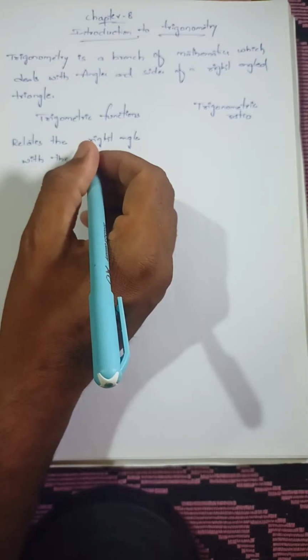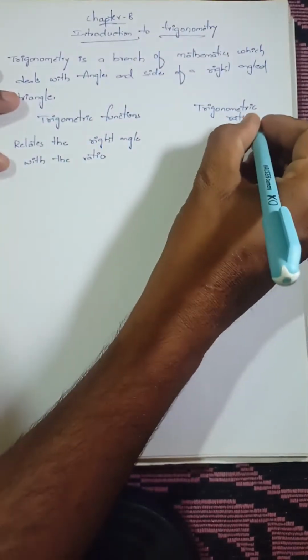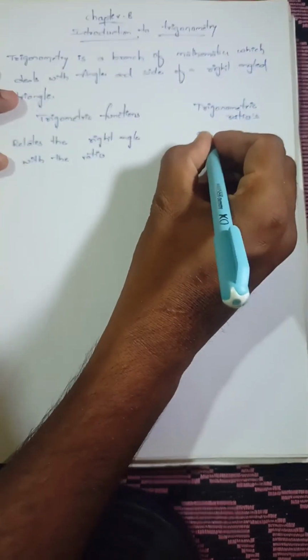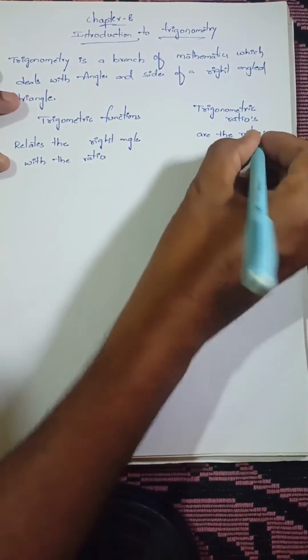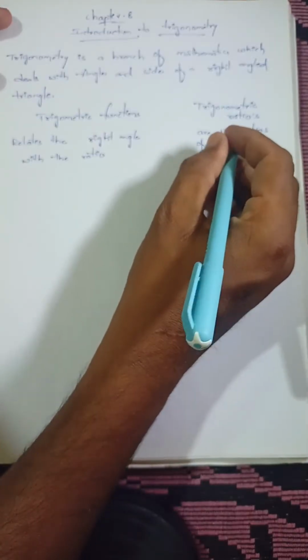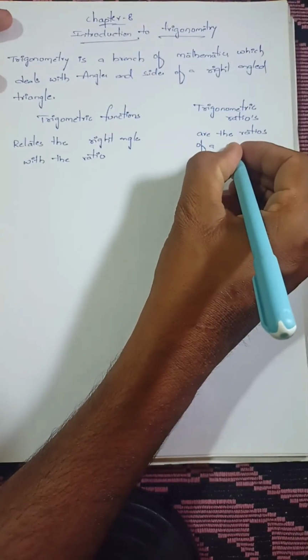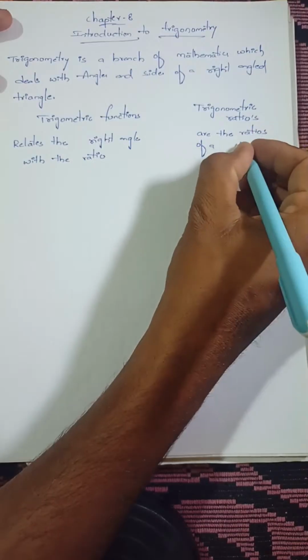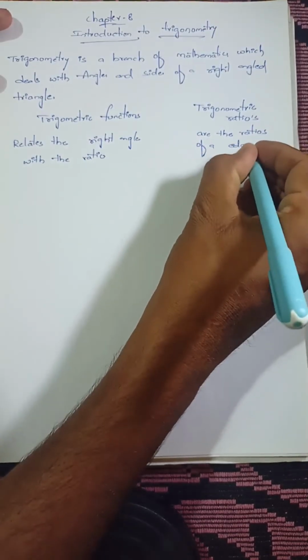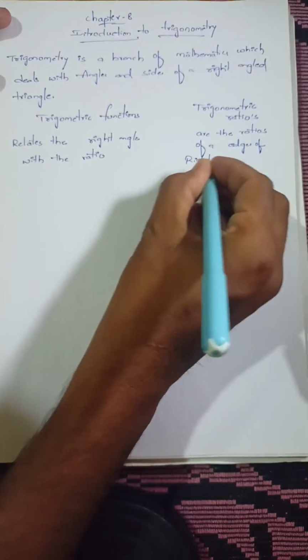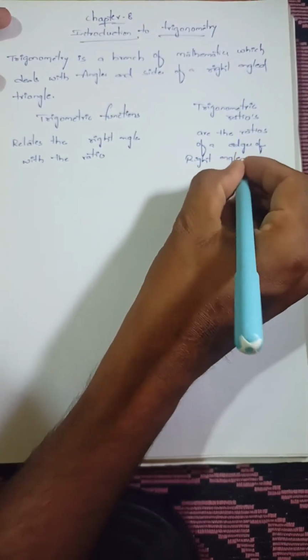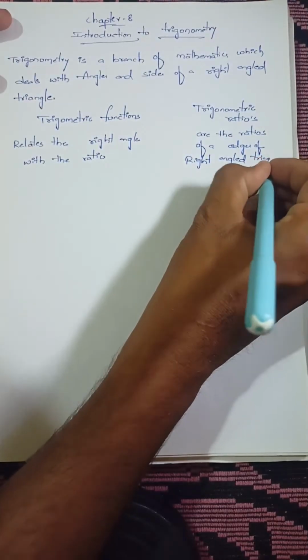Trigonometric ratios are the ratios of the edges of a right angled triangle.